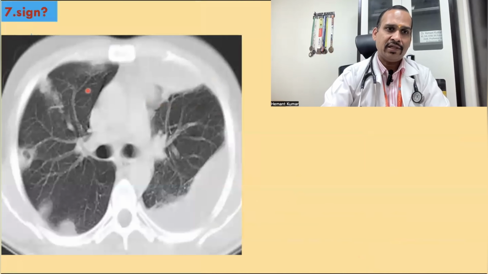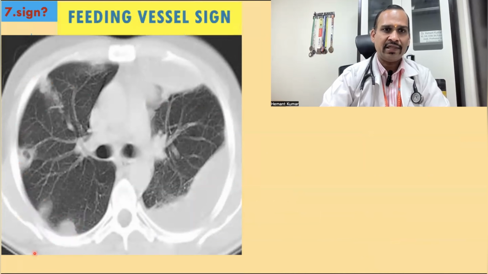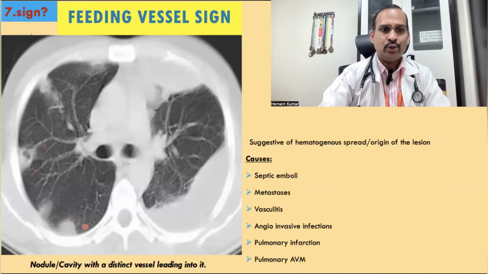Number 7, can you see the different opacities in the CT scan? So this is feeding vessel sign. You can see the opacity and the vessels supplying it. We can see this vessel. This is feeding vessel sign: a nodular cavity with distinct vessels leading into it.